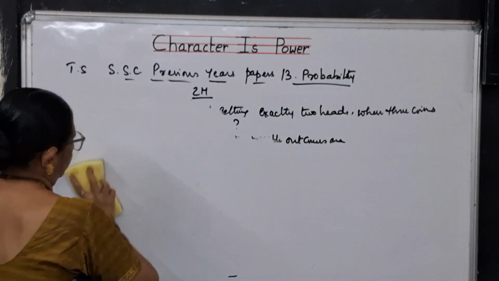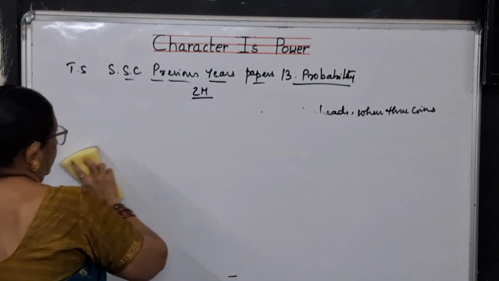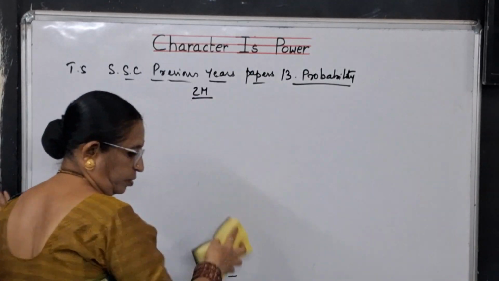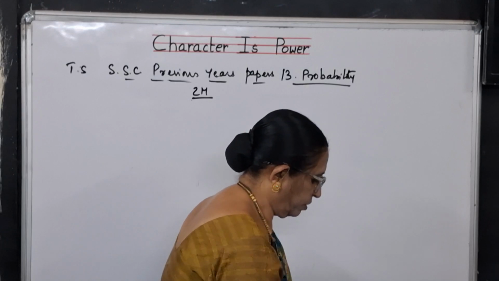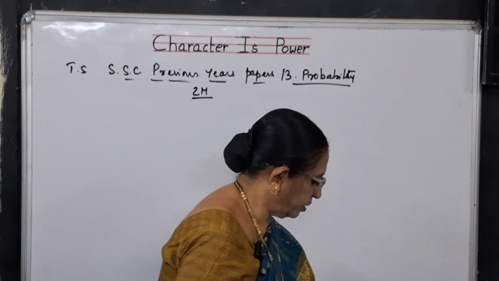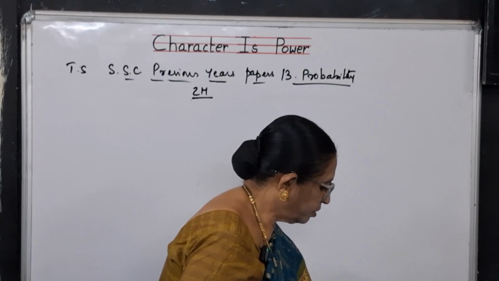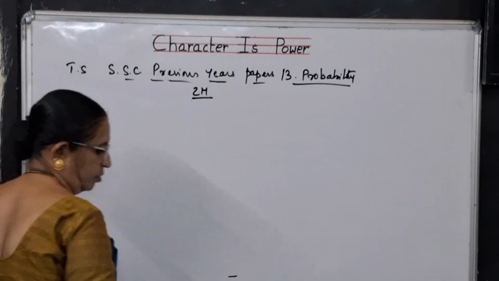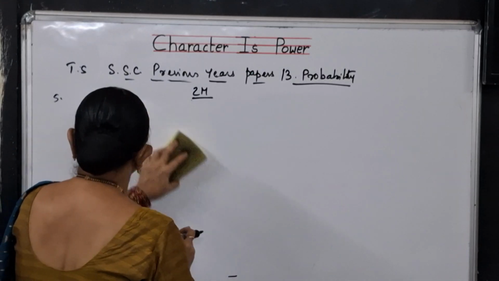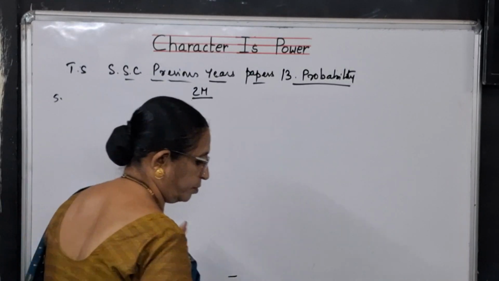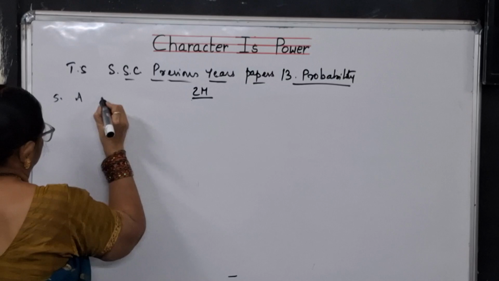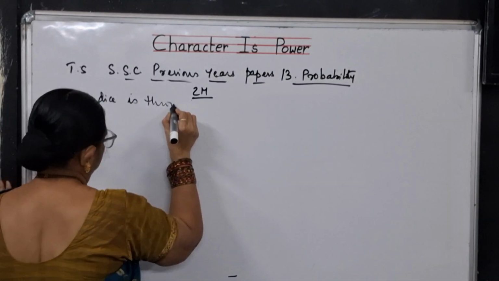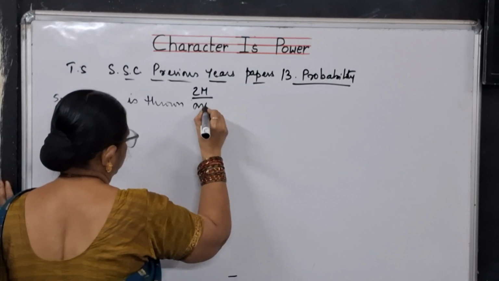Now, we will see the fifth one. A dice is thrown once.